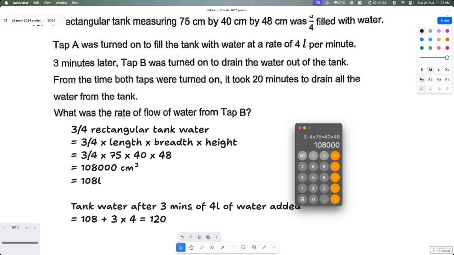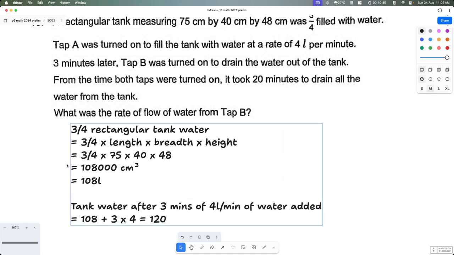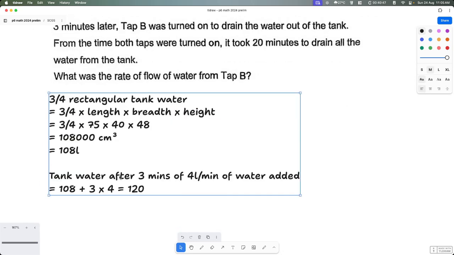Double check: 108 plus 3 times 4 is 120, at 4 liters per minute.